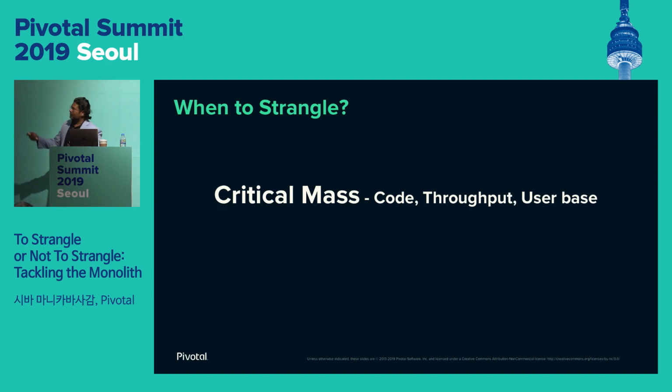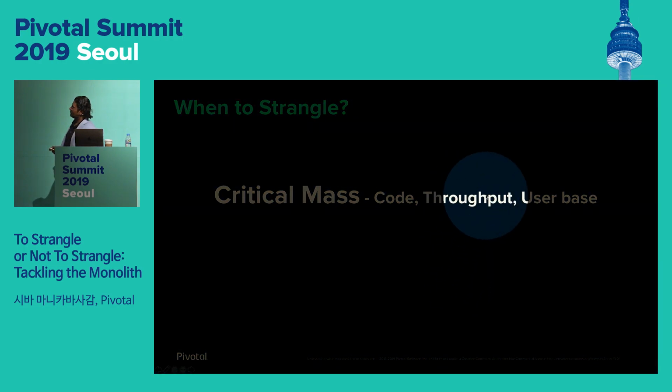So that's what we meant by code critical mass. And there's no magic figure. Assuming you don't have bloatware in that legacy monolith, I would just put in a benchmark at about 1 million lines of code, right? And the other thing is traffic throughput.